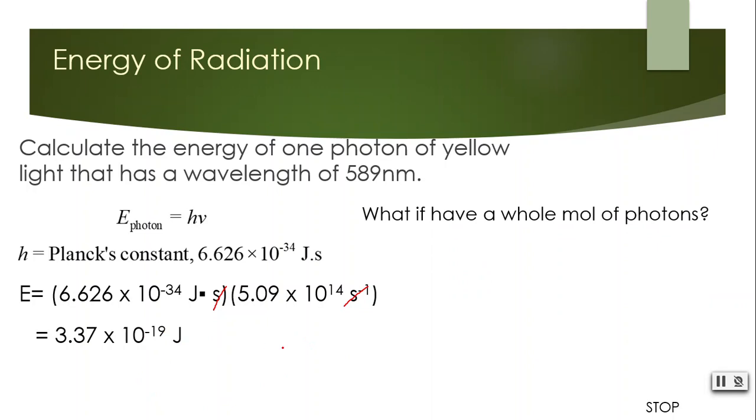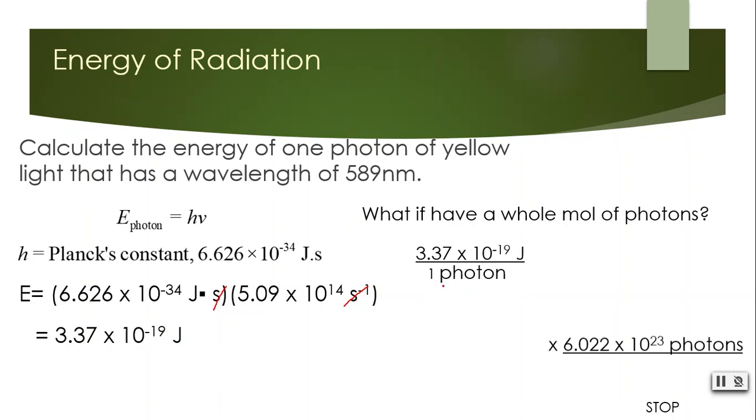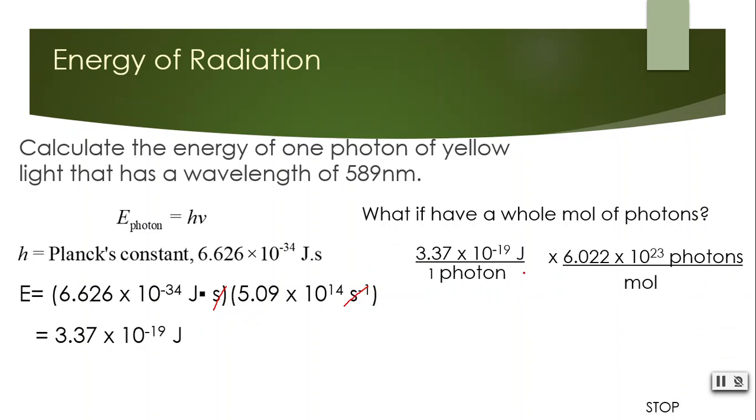Well, I can still use the energy that I have calculated here, realizing that that energy is just for 1 photon. I can then multiply it by Avogadro's number to get an answer in joules per mole, because for this question I want to know the energy associated with a mole of photons.